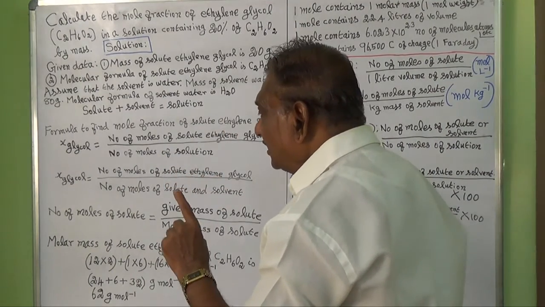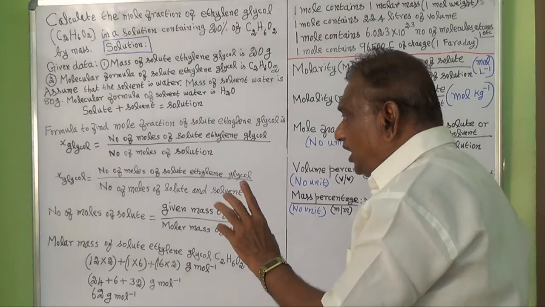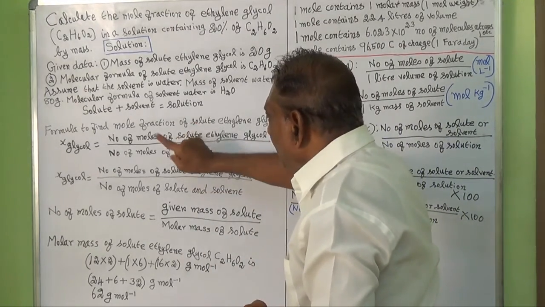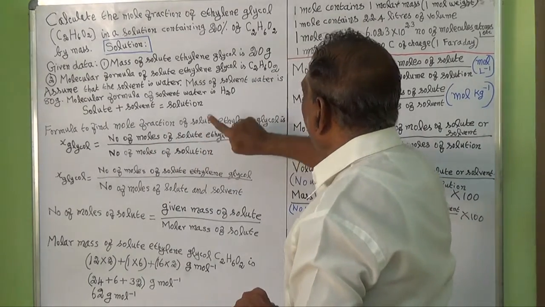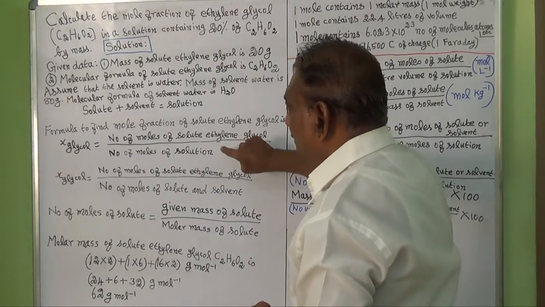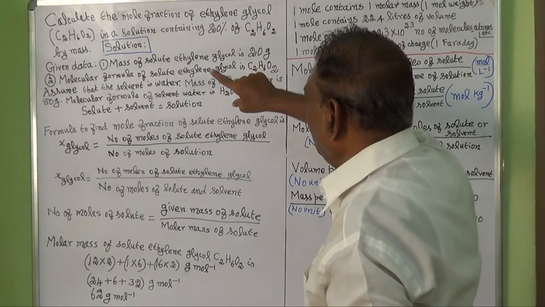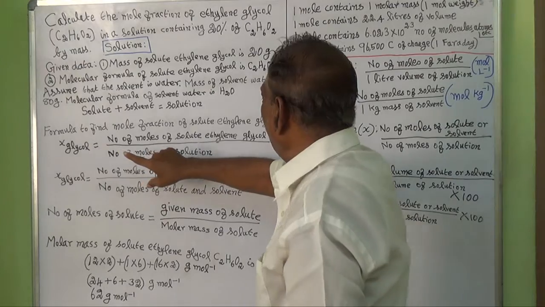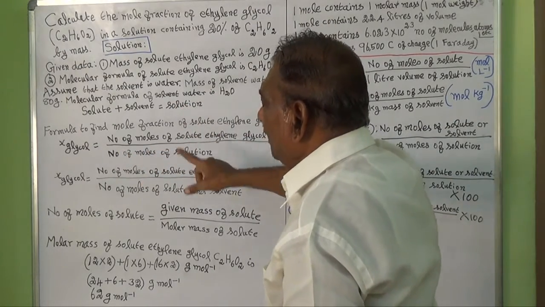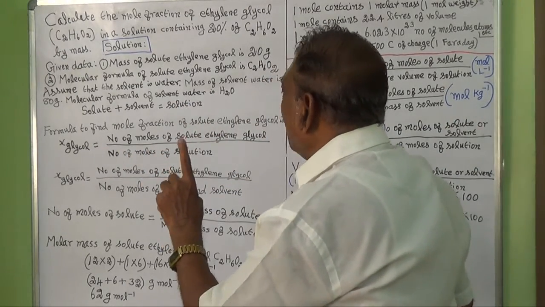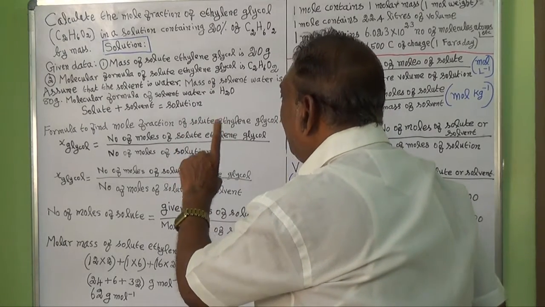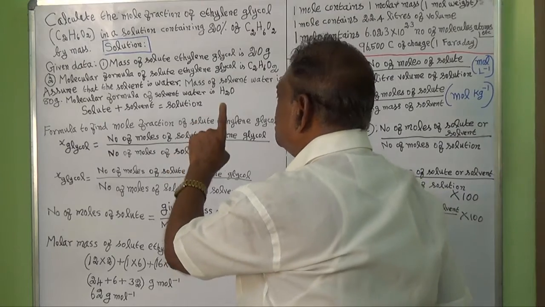It means that in how many moles of solution, how many moles of solute ethylene glycol are dissolved. In order to find the mole fraction of the solute ethylene glycol, we need the number of moles of solute ethylene glycol and the number of moles of solution.